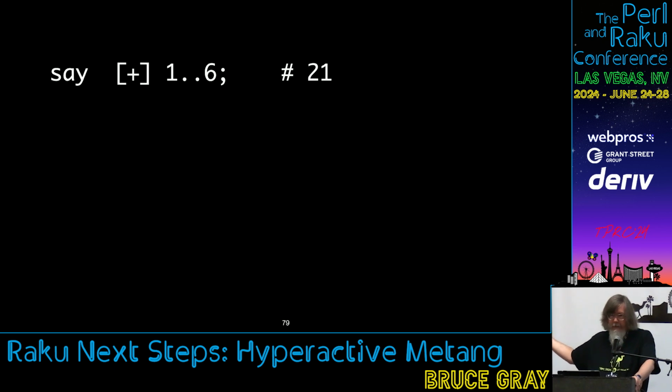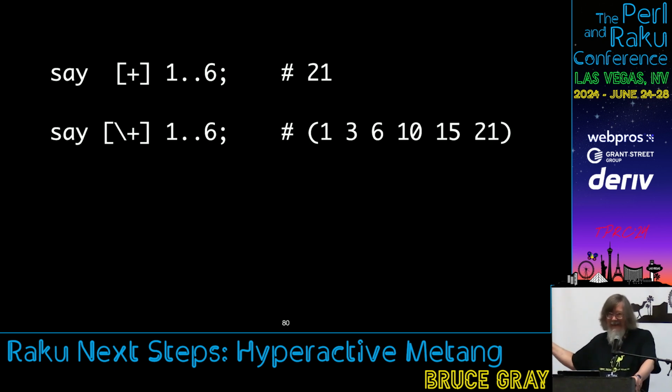Add up all the numbers from 1 to 6, it's 21. If I put a backslash in front of that operator, then it doesn't reduce to one value. It produces all the intermediate values concluding with the final value that you would have reduced to, which does not come up nearly as much, but when it's a good fit, it's a great fit.